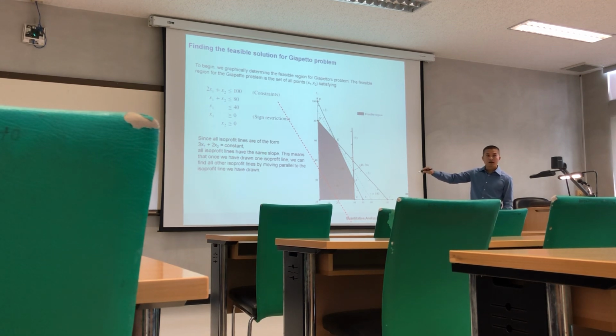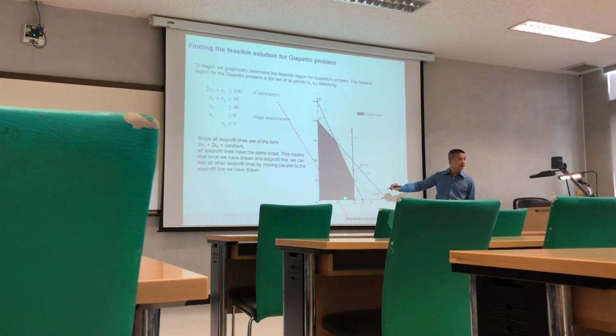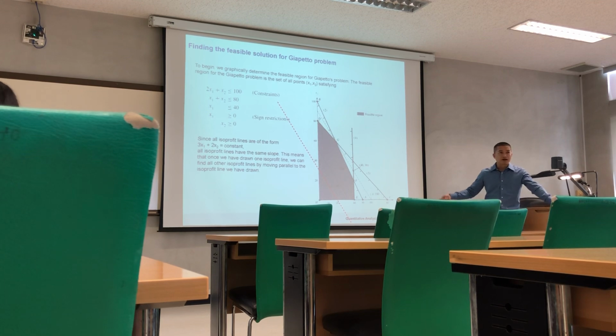So to get a slope of minus 3 over 2, this 30 must be 20. Let's take a look at this point. What profit will you get from this point? x1 is 20, x2 is 0, 60. So that gives you the same profit. I claim that any point on this line gives you the same profit.